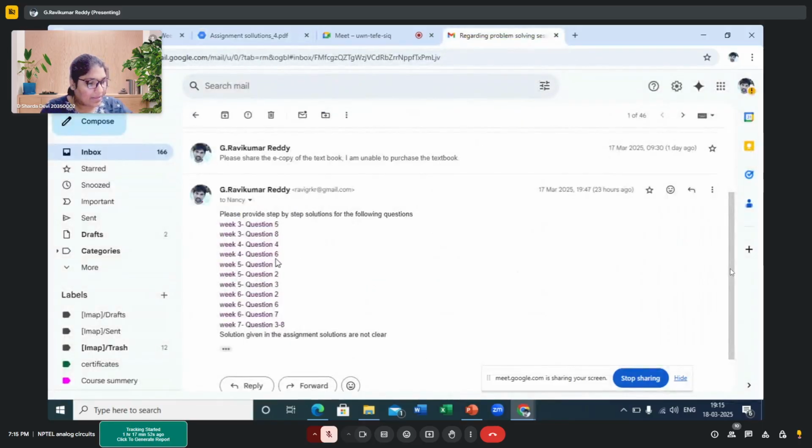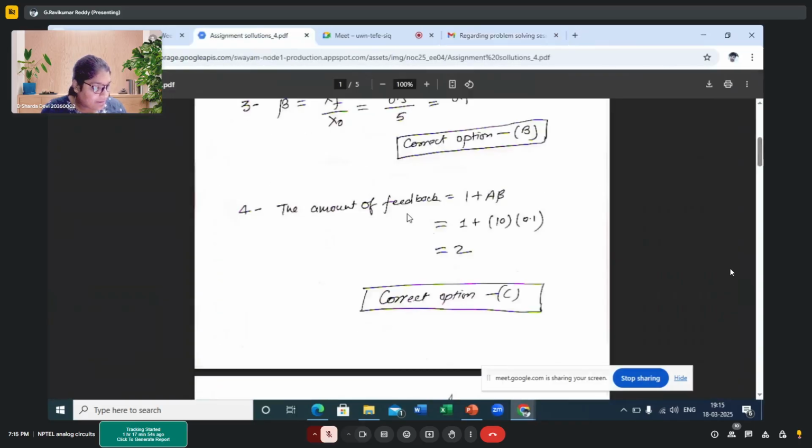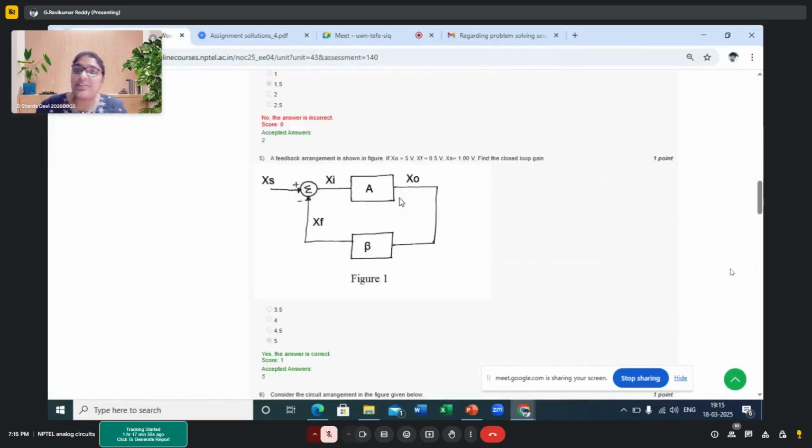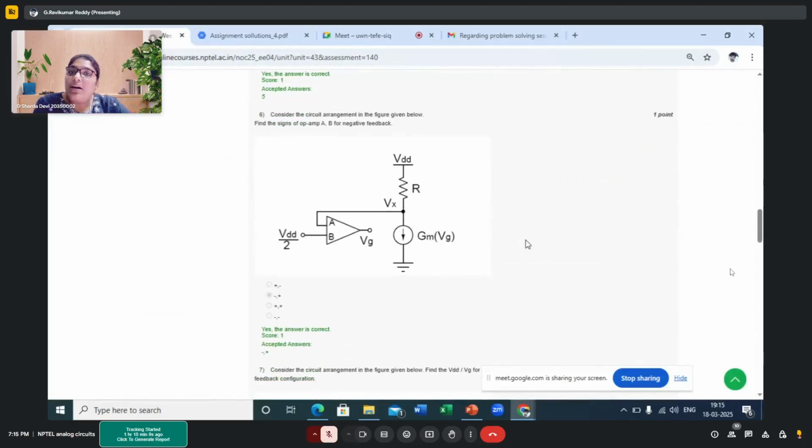One more in the same week, for the sixth question, madam. Okay. What was the question? This one. Consider the circuit arrangement in the figure. Let me quickly draw the circuit.